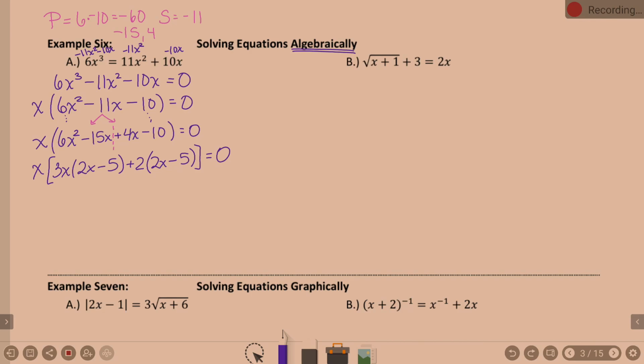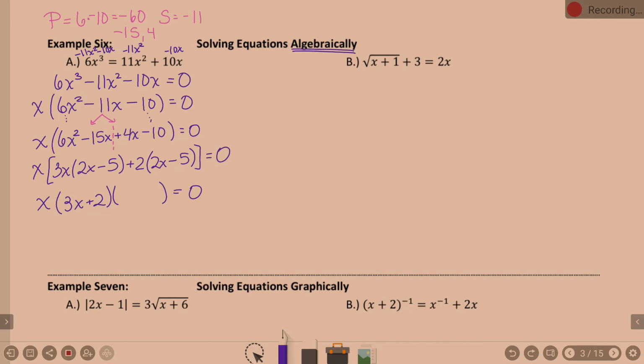So x out front, what am I still doing? Carrying it down. And if you recall, this factors into 2 parentheses, right? One parenthesis comes from the GCFs of 3x plus 2.